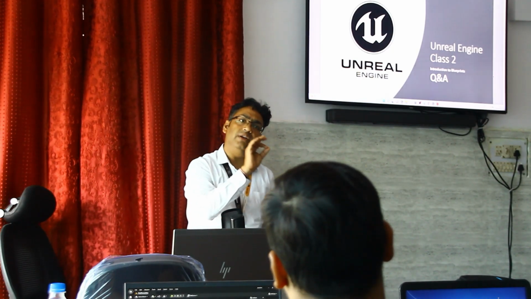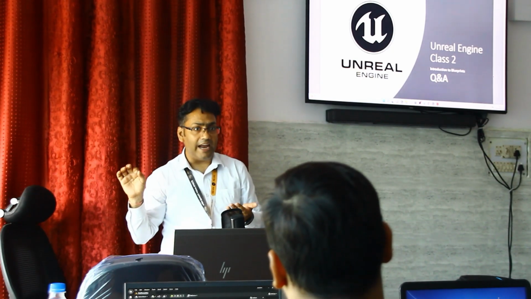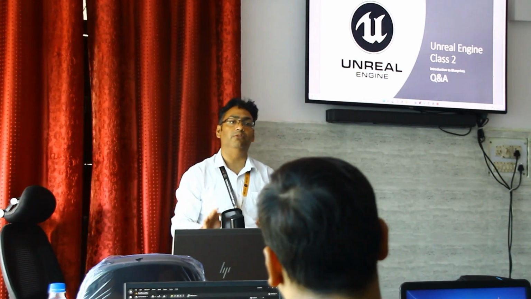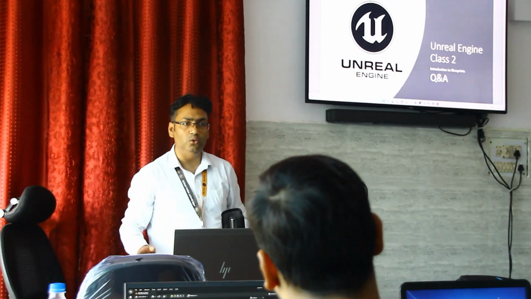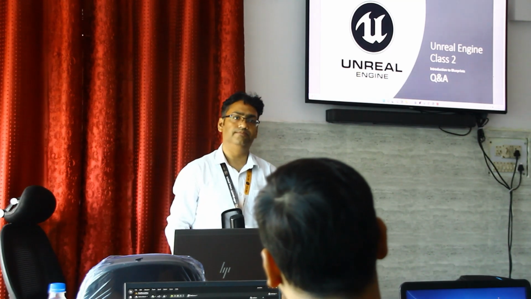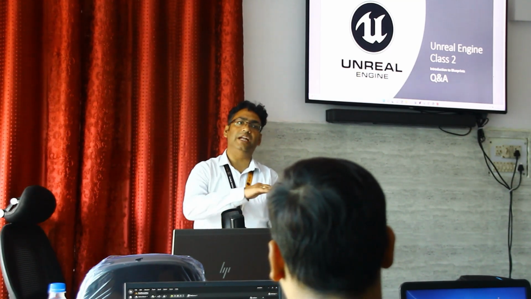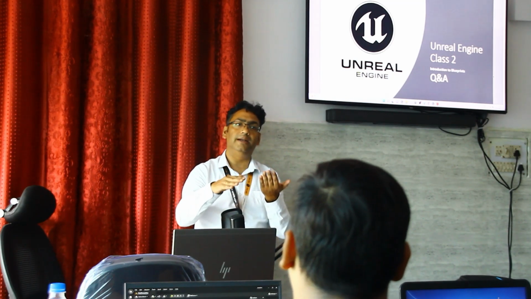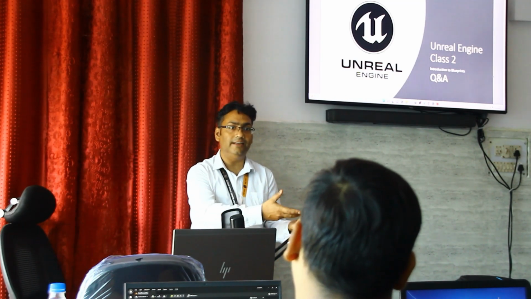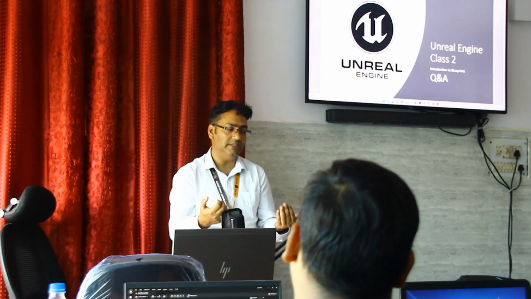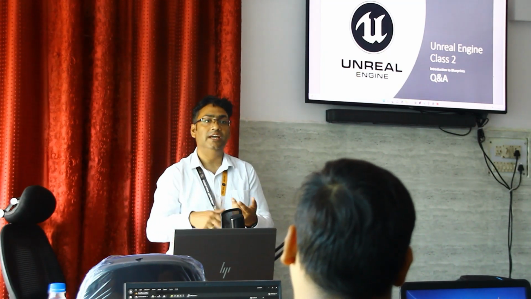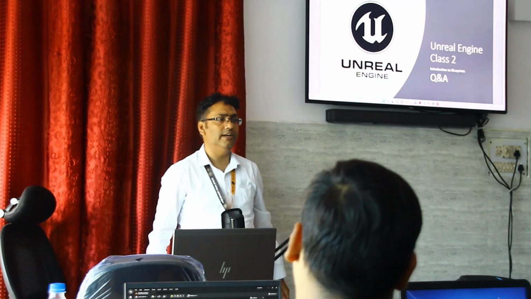So if you take the white wire and try to put it in any of the colored pins, which are data pins, you won't be able to do that. Technically it is not correct, because that is the execution flow, and a data pin requires data. That means the input should be data which a node can utilize, right?